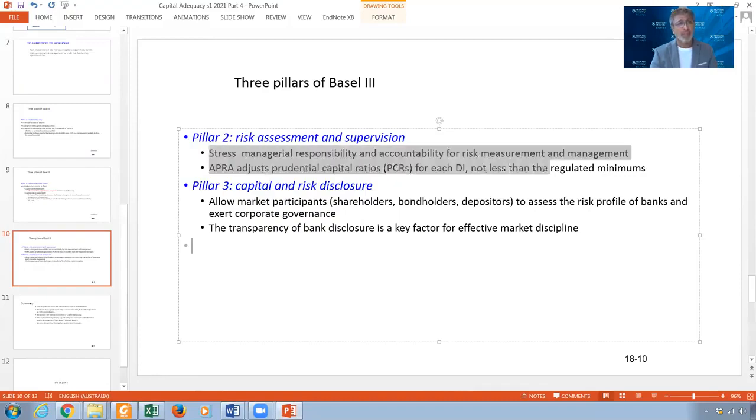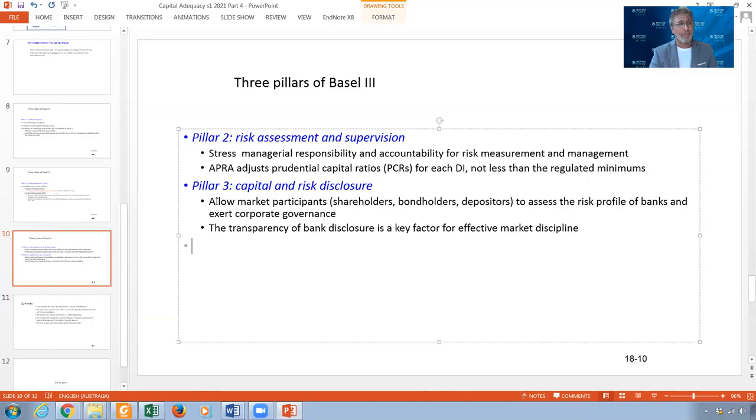They have the right to amend it according to Pillar 2, but it doesn't have to go under the 10.5. It also gives some rights to the regulators.